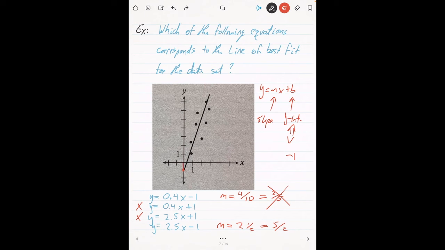We're going up 1, 2, 3, 4, 5, over 1, 2, roughly that. That's more close to what the slope of this line is than if we were all the way over here. So I'm going to say that this equation is the one that best represents the line of best fit. That equation is probably closest to what the equation for the line of best fit actually is.